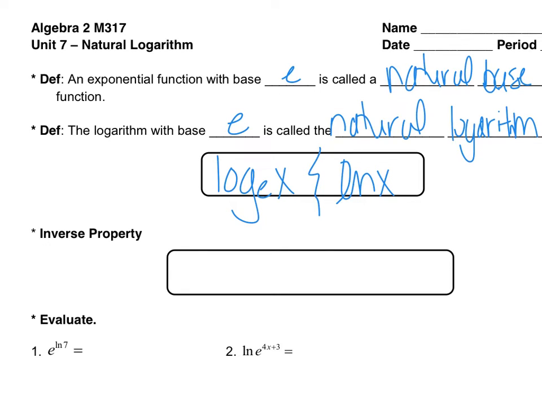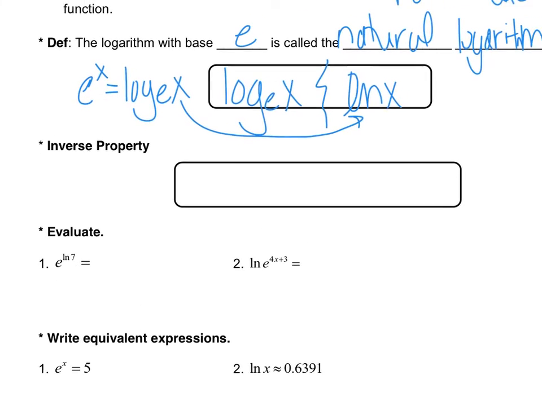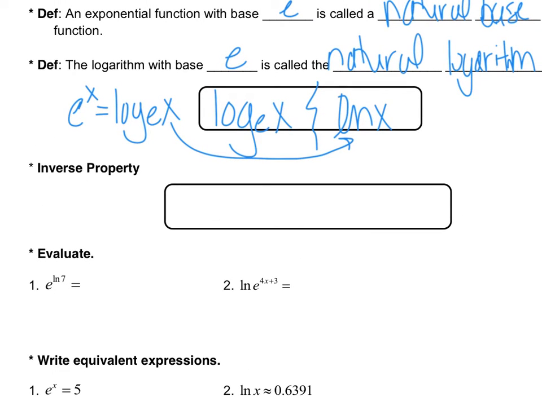So notice that e to the x, if I rewrote that, would be log base e of x, and that is ln of x. The inverse property for exponential and logarithmic functions, we can apply the same thing to the natural logs, because remember that natural logs are logs with base e.